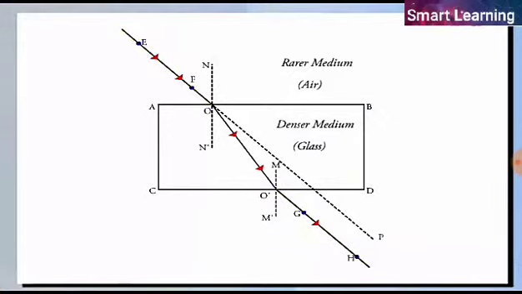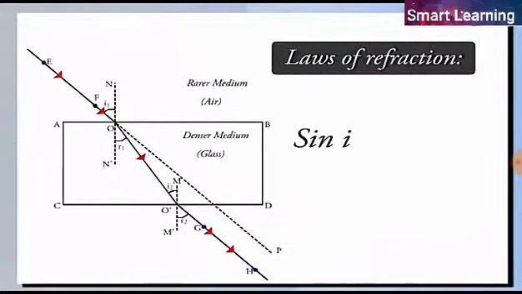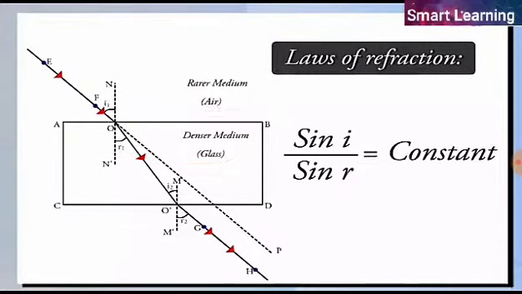This experiment also verifies the two laws of refraction, that is, 1. The ratio of the sine of the angle of incidence to the sine of the angle of refraction for a particular pair of media is constant for light of a given color and for the given pair of media.